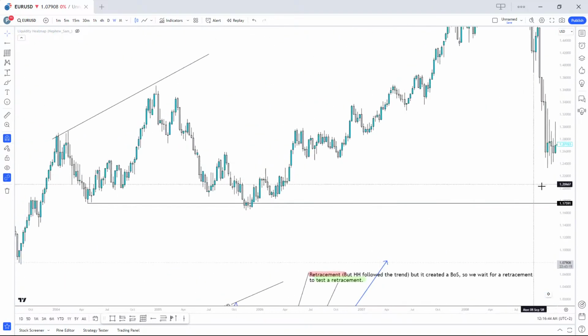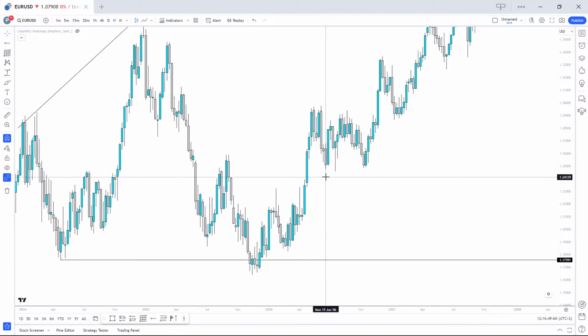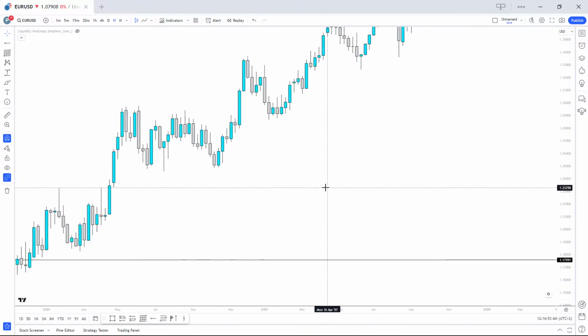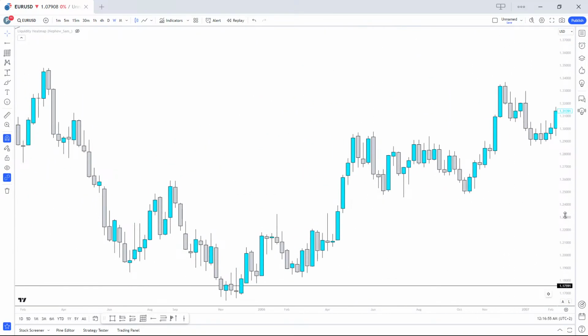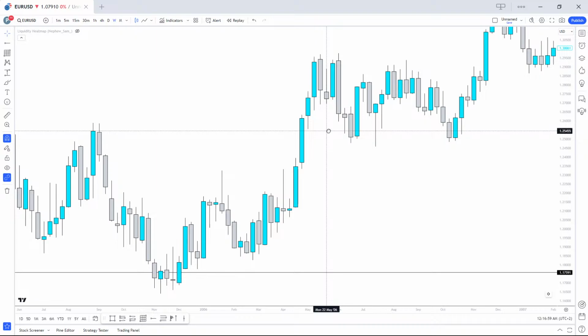Everything, I mean, it could still potentially work, but everything is based off of the reaction right here. Because look, price created a break. Okay, this is the break of structure.